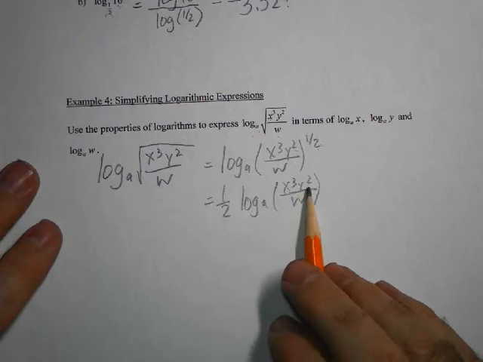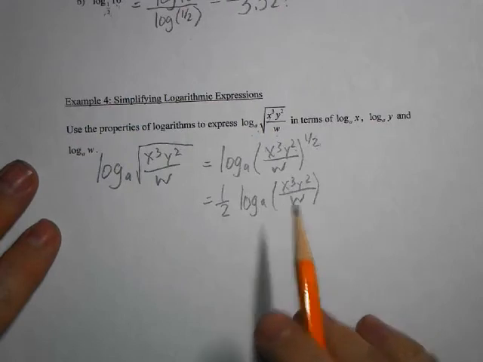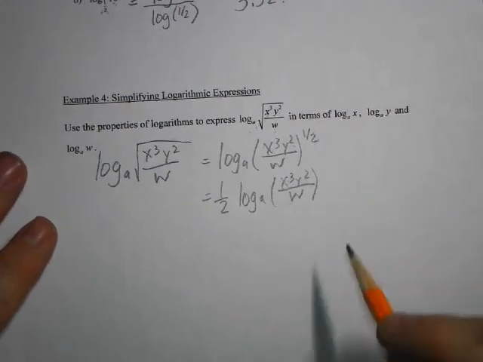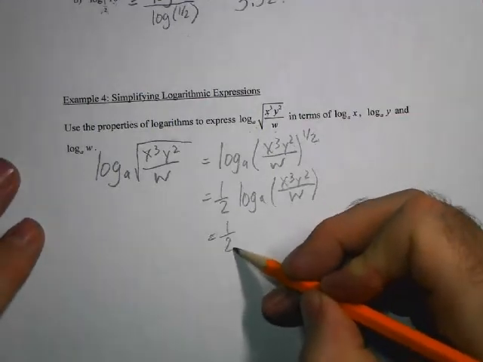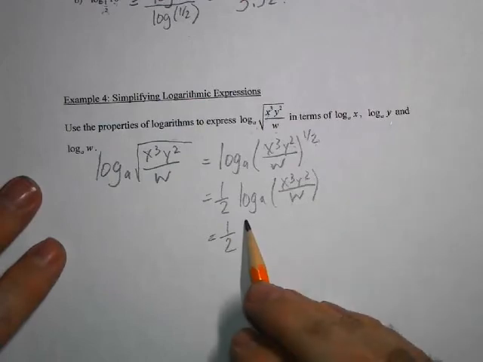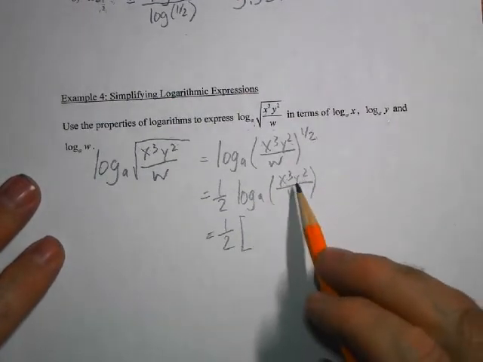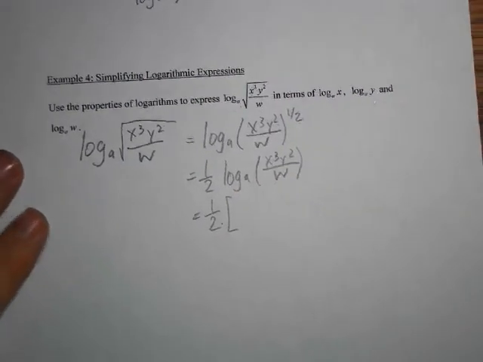Okay. Now, you can see here I'm multiplying x cubed and y squared, and then I'm dividing by w. So this is really using the product law and the quotient law. So let's see how we can do that in one step. So I'm going to put big brackets around here because I'm actually going to break this apart. But everything I break apart will have to be multiplied by 1/2.